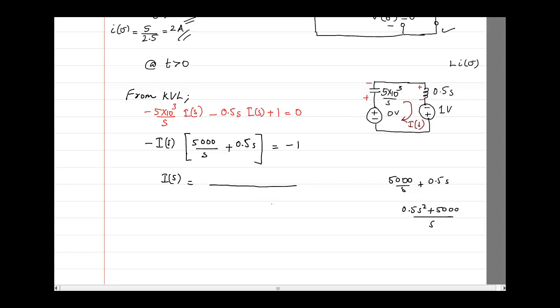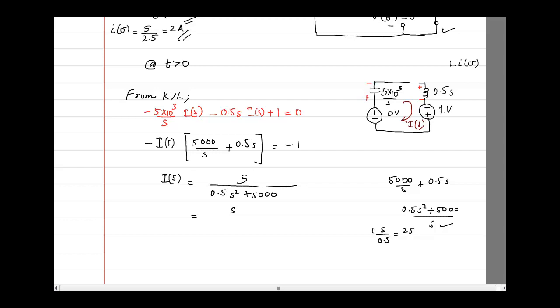If I write this in the denominator, then s will go in the numerator, so I will get s divided by 0.5 s square plus 5000, where I can divide both the numerator and denominator by 0.5, so s divided by 0.5 can be written as 2s, isn't it?